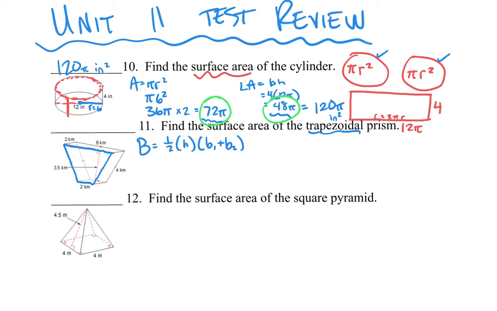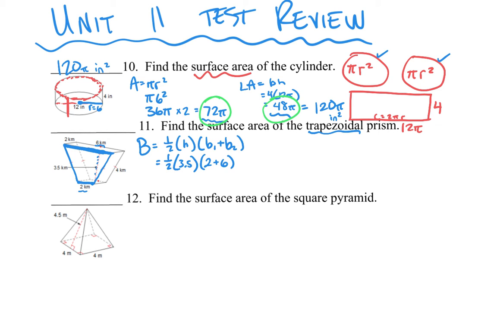This trapezoid has a height of 3.5. And it has two bases. Remember that on a trapezoid, the bases are the two parallel pieces. So these two pieces here, and one of them is 2 and the other is 6. So 2 plus 6 for my two bases.